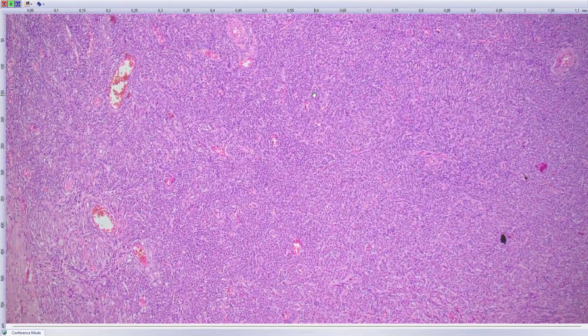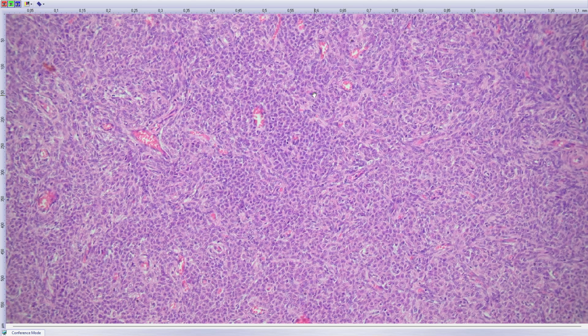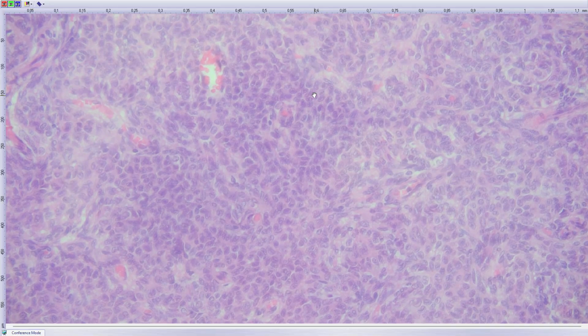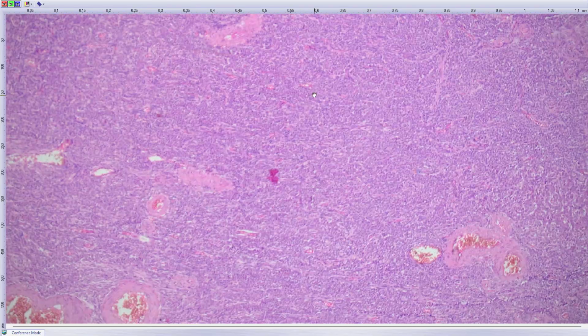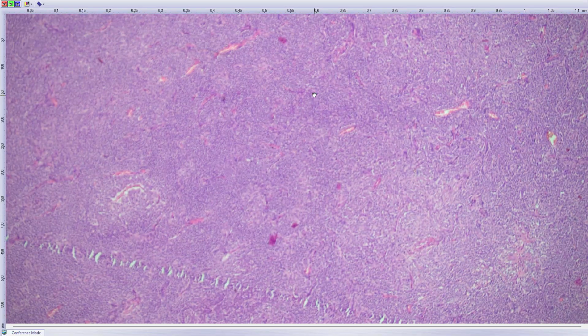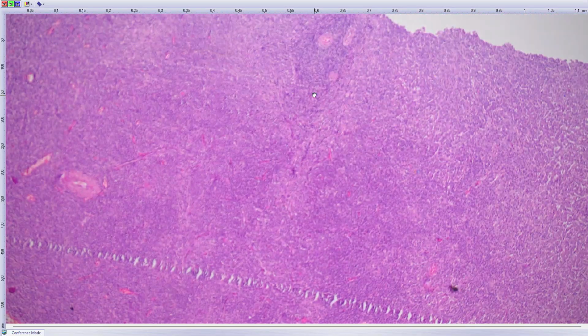And the main tumor cell type looks perfectly in line with granulosa cell tumor, yeah? But it's not all. When you look at it more carefully, in some areas there are grouped eosinophilic cells.